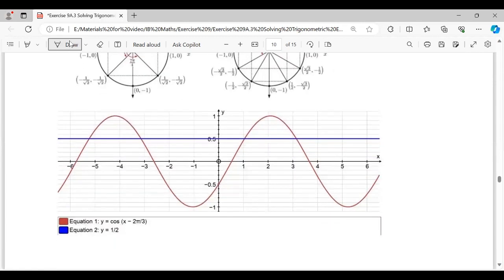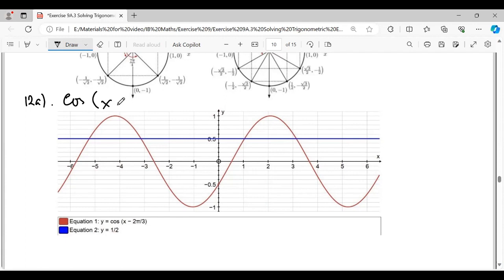Okay, I have created the graph for 12a, cosine of x minus 2 pi third, and this blue straight line is the line y equals positive half, 0.5.